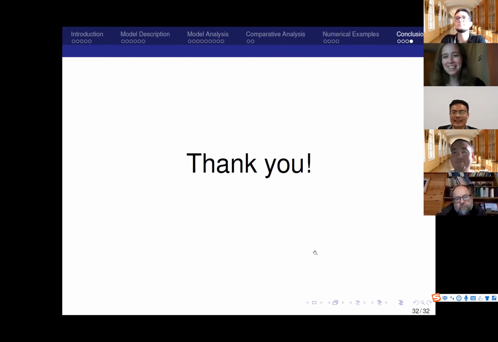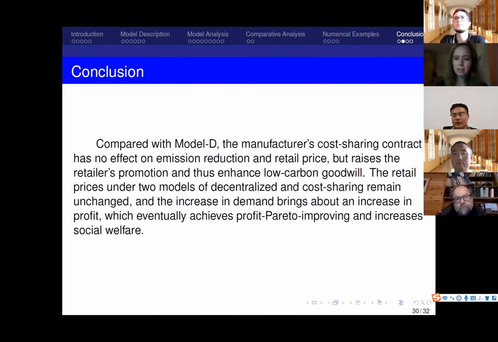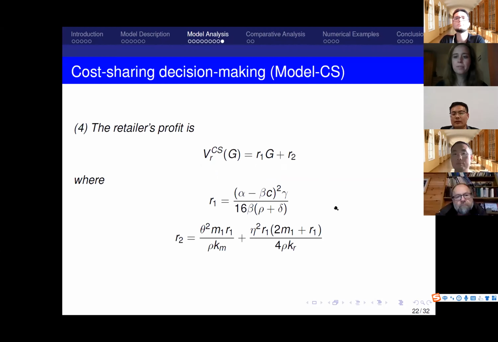Can I ask one question? I'm wondering if you find Nash equilibrium or Stackelberg equilibrium in this scenario. Stackelberg equilibrium. In this paper, the manufacturer is the leader and the retailer is the follower.